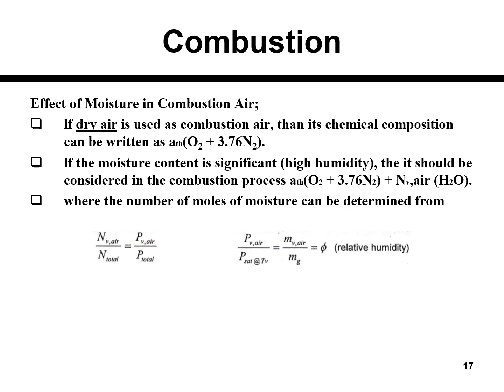So, the effect of moisture in the combustion. If dry air is used in combustion, only this equation will be used. However, if there is an effect of moisture, when humidity is involved, or in other cases when the moisture content is significant, such as combustion operated in high humidity, then we have to consider it in the combustion.